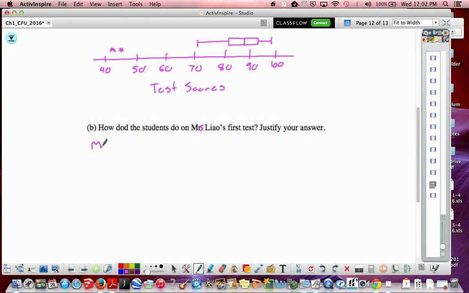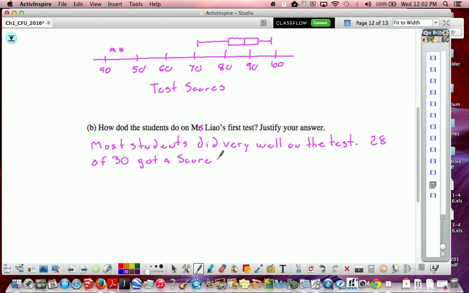So we could say most students did very well on the test. 28 of 30 got a score of 72 or higher.